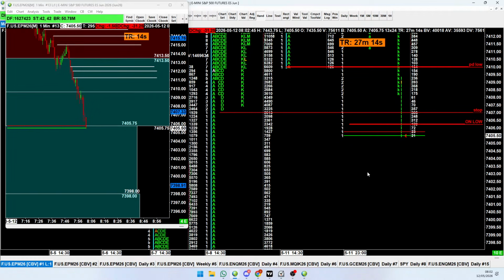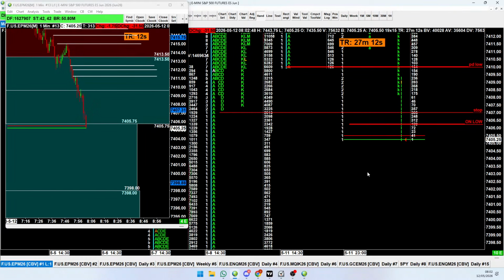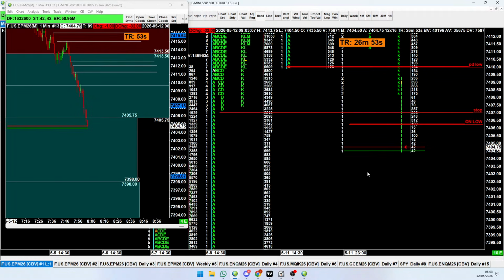So right now, I have no intention of taking a long at all. I would not be taking a long at all until we reclaim 74.10, which is yesterday's low. Right? If you're not already in a short, it's a bit rough because if you initiate at the lows, you could get stopped out.